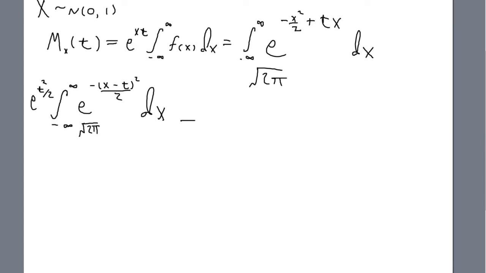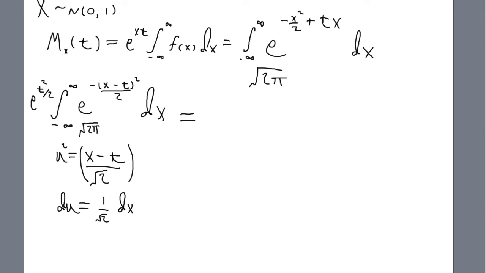What we're going to do is briefly use substitution here. What do I have? Well, u squared of this thing is going to be this, right? Which is exactly what we have here.